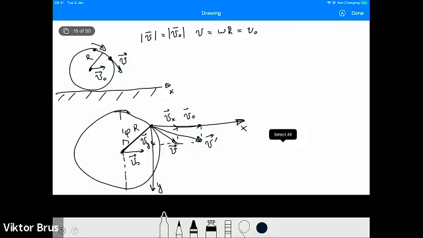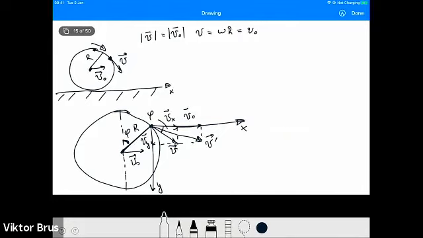So this is our radius of the wheel, and here we have a right angle. So if we have angle phi between the vertical line here, then between the linear velocity and axis x, it will also be angle phi.